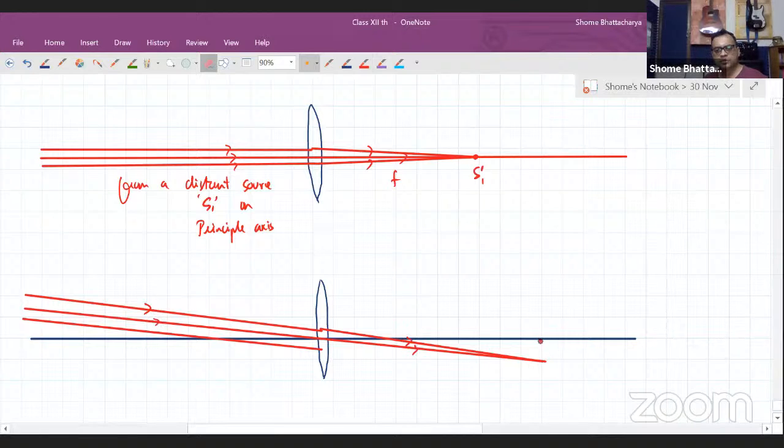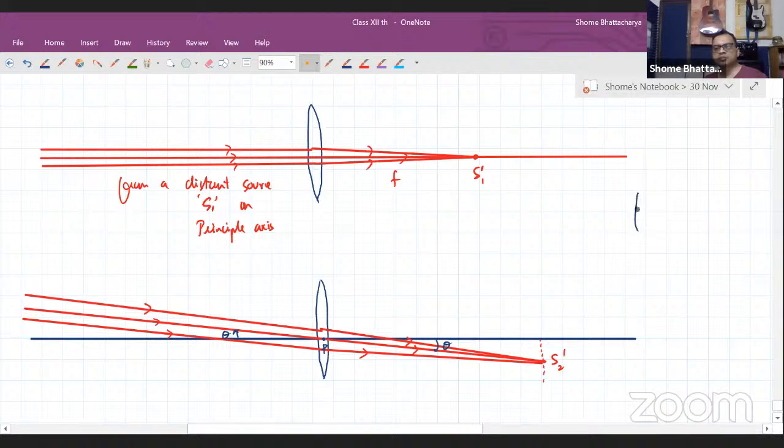So this is giving you an image on the focal plane, but at S2 prime, like this. Now if you just follow the ray which is going through the pole, this one, you'll see that this angle is the same as this angle.